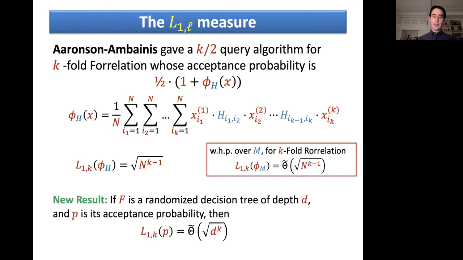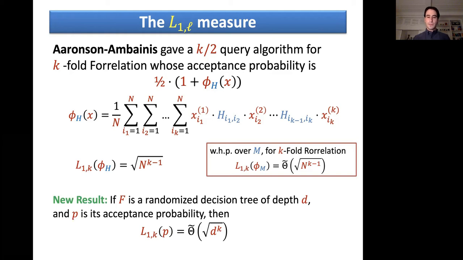On the other hand, if we take any randomized decision tree that makes d queries, or in other words, is of depth d, and we look at its acceptance probability, then the L1 norm at level k, or the sum of absolute values of coefficients of degree k of this polynomial, is at most square root d to the k.